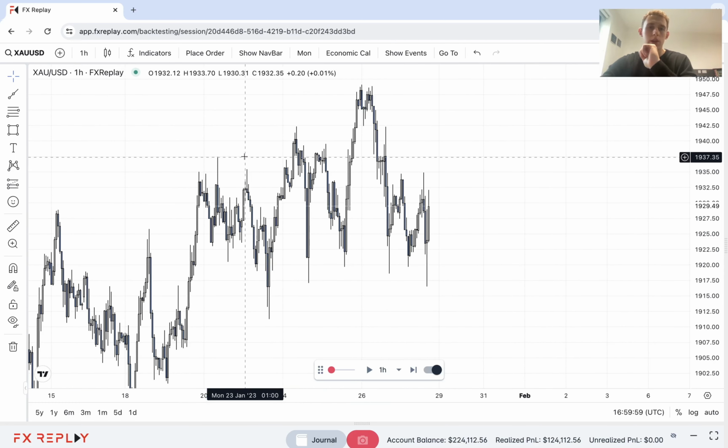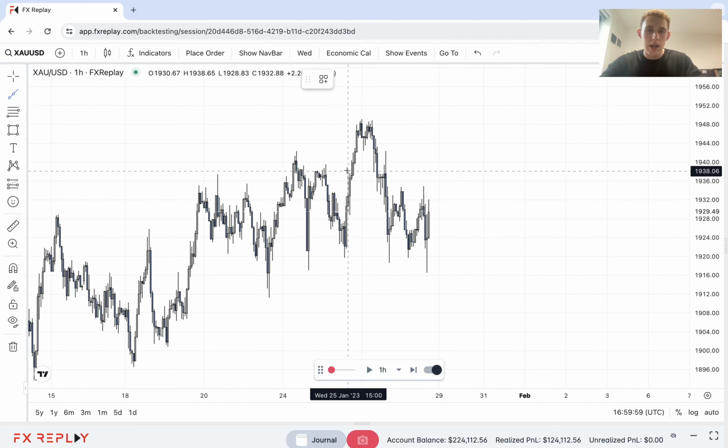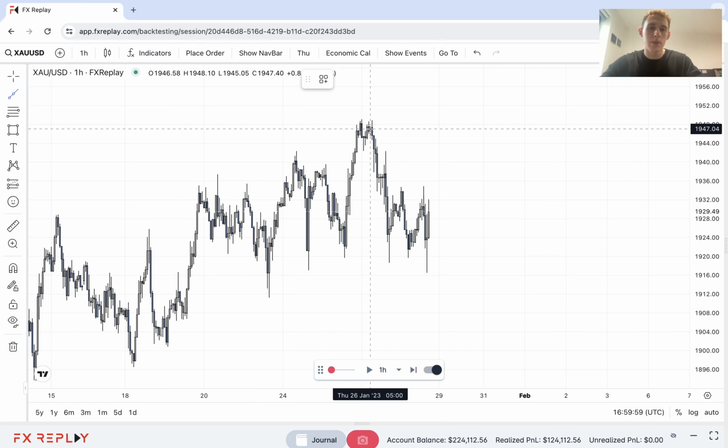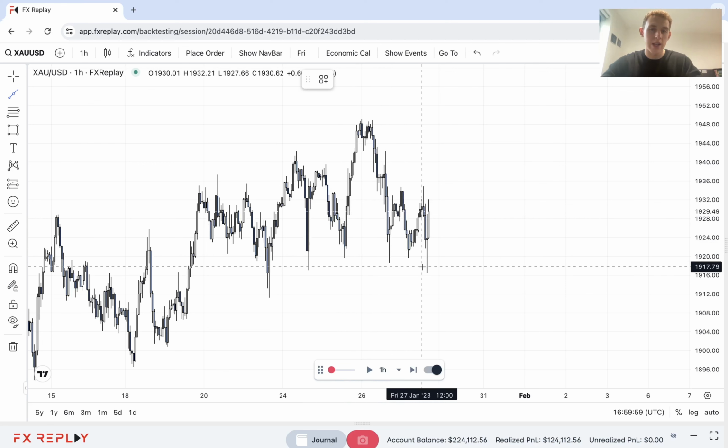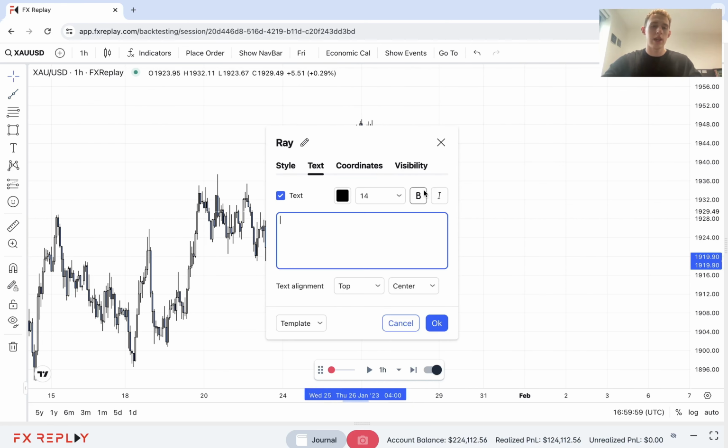Alright, so how I'm potentially reading this is, like I mentioned, price is in that daily supply to the left. And you can see that this was the overall higher low, they put in the higher high. This was the main demand, and the demand has clearly failed. So I'd consider this a demand failure.